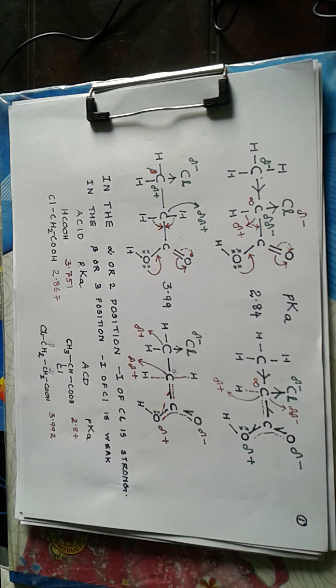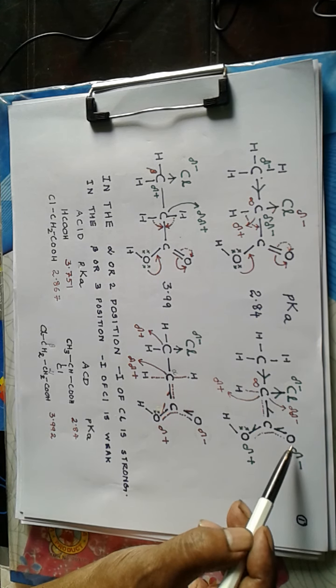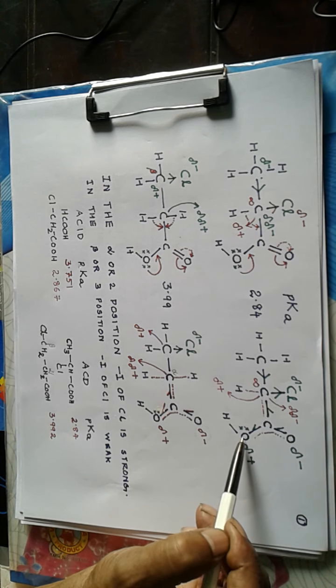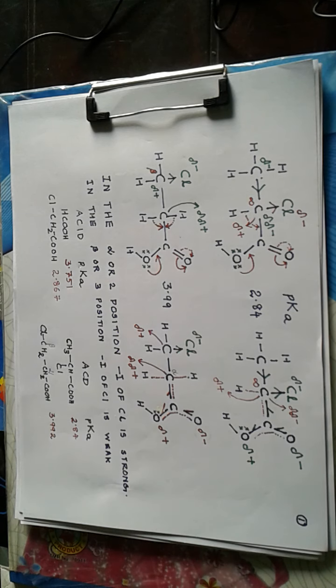So when we compare formic acid, chloroacetic acid, alpha chloropropionic acid and beta chloropropionic acid, once again in formic acid, there is no group which withdraws or injects electron density, so that the partial negative charge induces the complete electron density towards the delta positive oxygen by inductive mechanism.